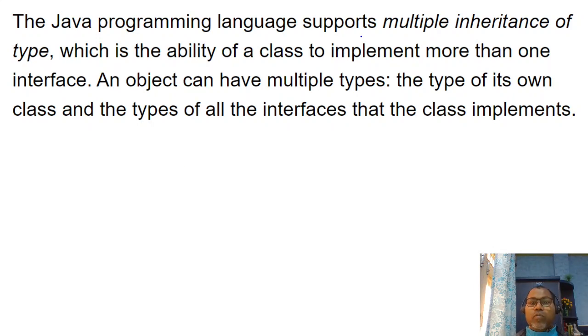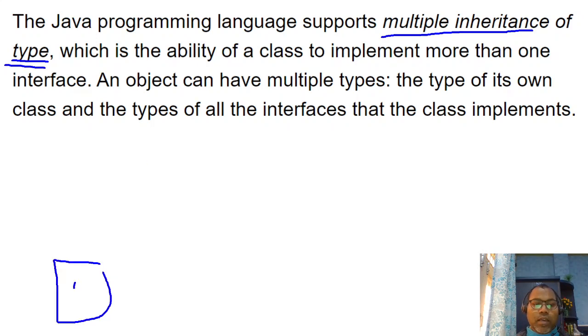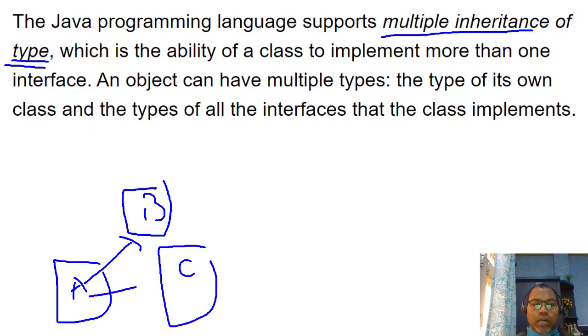The Java programming language supports multiple inheritance of type. Okay, if you have a class A and a class B, a class can inherit only one class. If you have a class C and you want it to inherit both A and B, this is not allowed.